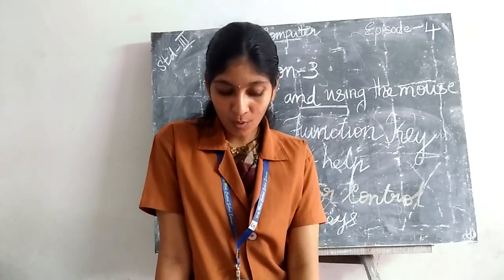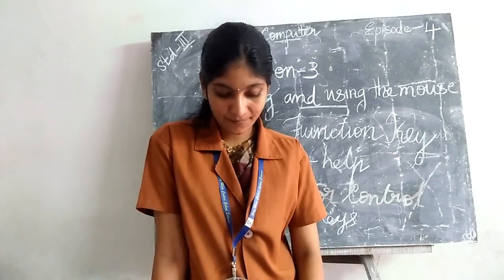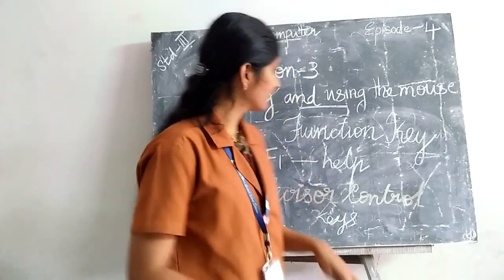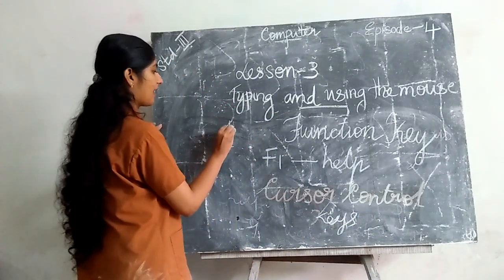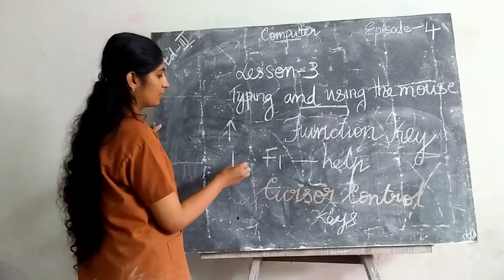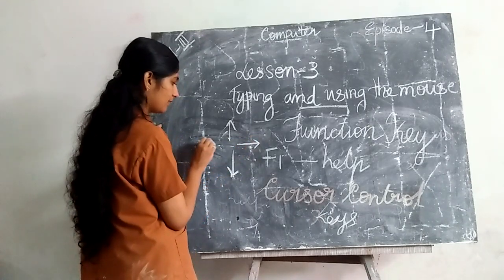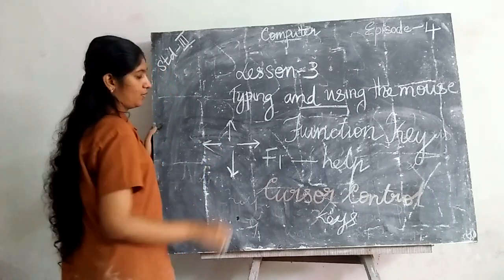Yes, there are 4 arrows present on the keyboard. That is the up arrow, down arrow, right arrow, and left arrow.